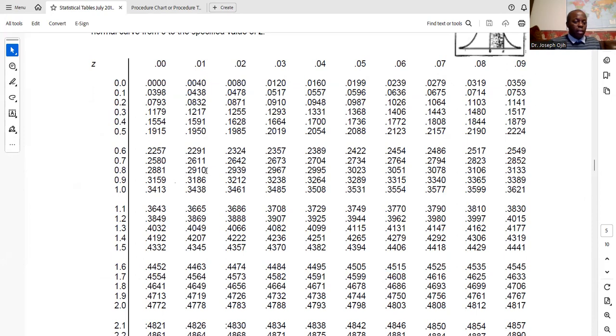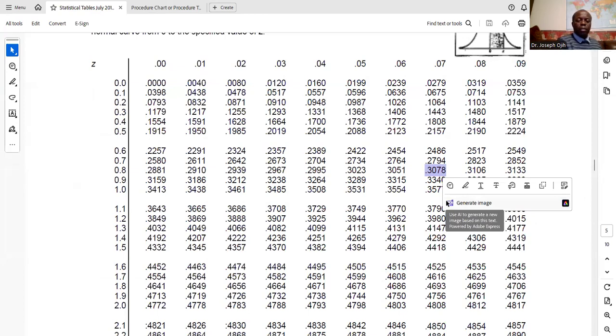You go under 7. See? Under 7. All right, I'll give you 0.3078. You go over there and put it in.